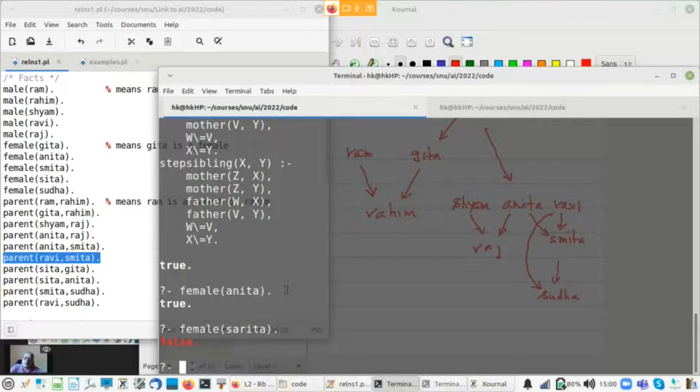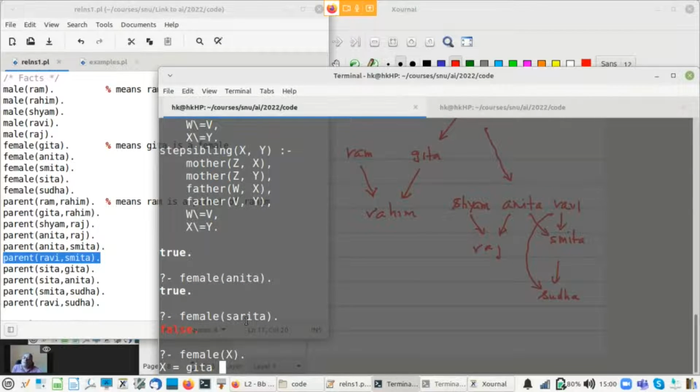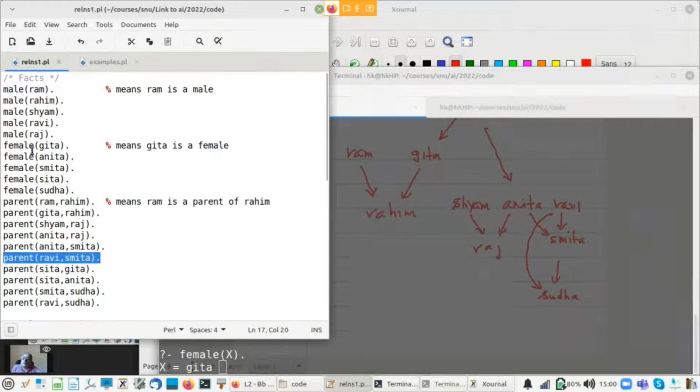So what does it do when I say female Anita, or more generally, female X? Now X is a variable. When I hit enter, you can see it goes and matches with this.